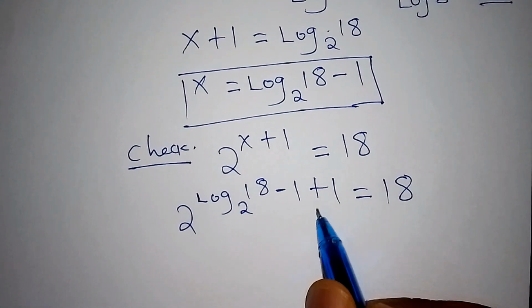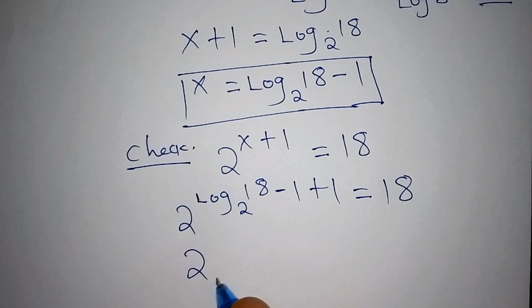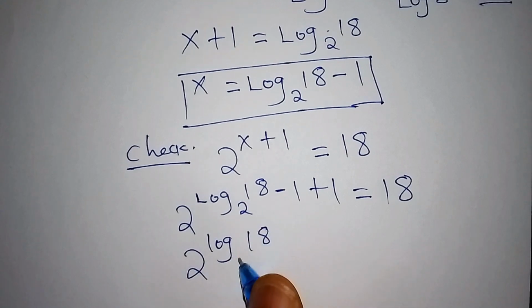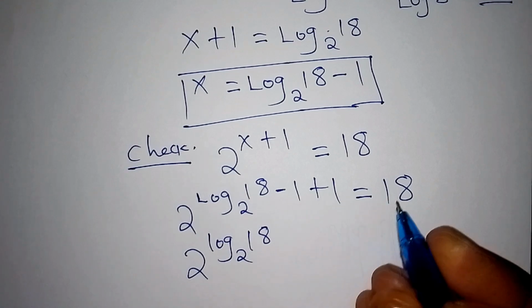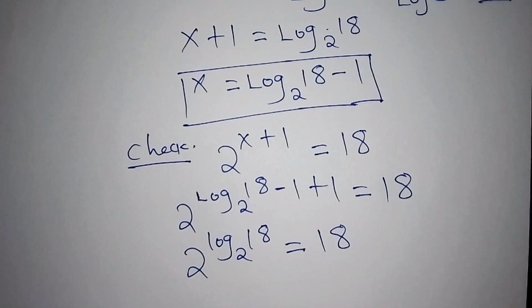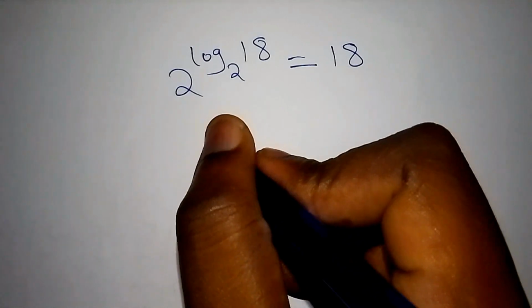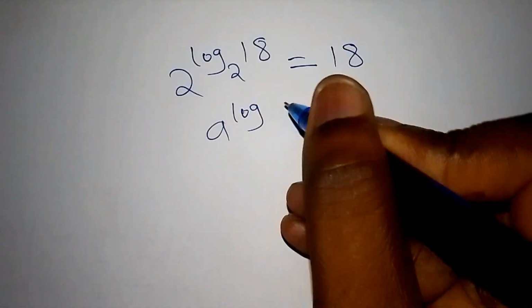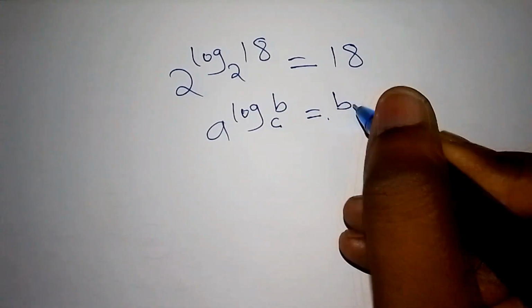Let's now work this out. Minus 1 plus 1 gives 0, so we shall have 2 to the power of the log of 18 base 2. We all know that a to the power of log b to base c, the answer shall be b.